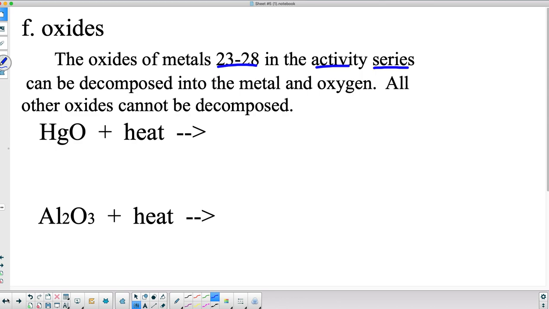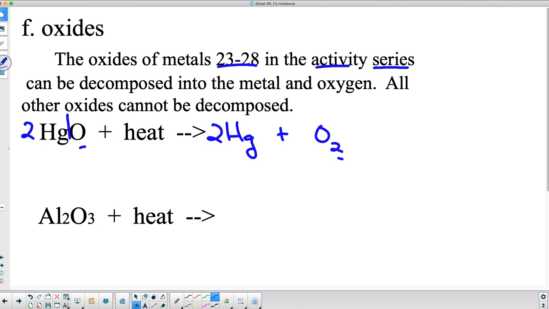I know it decomposes. So that's going to break up into mercury metal, like this. No, this is not Brinkelhoff, so you don't need the 2, and oxygen, and that is Brinkelhoff, and it does need the 2. But because it has a 2 here, that means I need 2 over here, so we put a 2 in front like that, and then I need a 2 for that mercury.